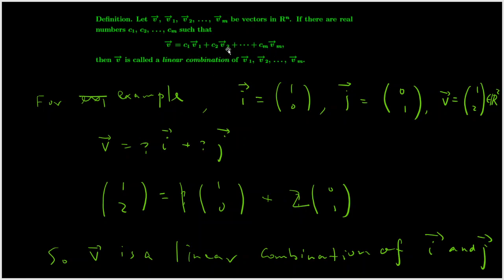As long as we can find the two numbers, then the answer is yes. V is a linear combination of I and J. Easy, right? And by the way, these two vectors I and J are called standard basis vectors in R2.